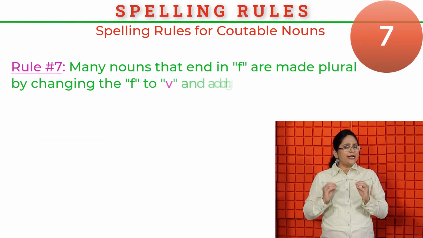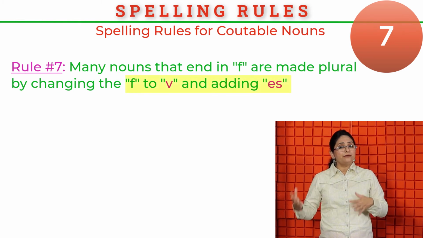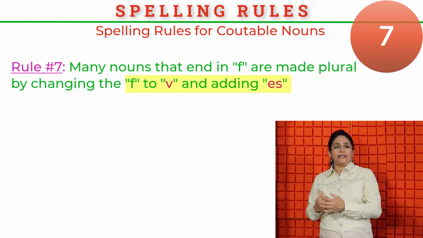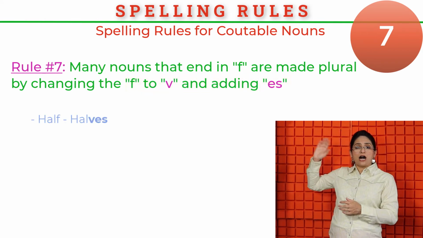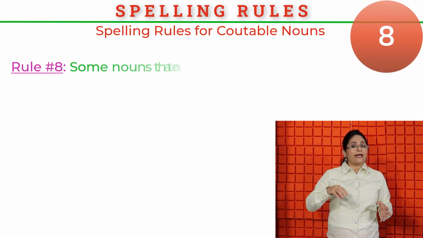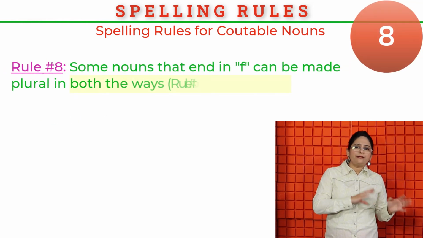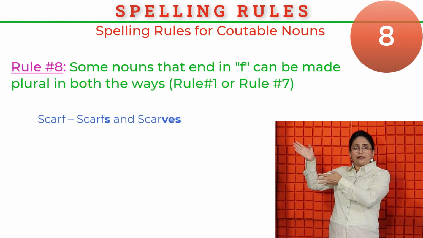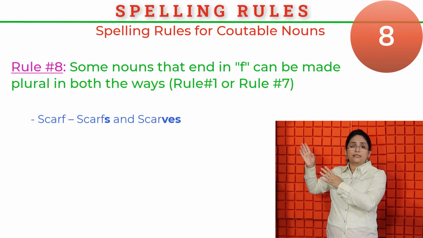Many nouns that end in F are made plural by changing the F to V and adding ES, like half, halves. However, some nouns that end in F can be made plural in both ways. The example is scarf. It can be scarfs or scarves.